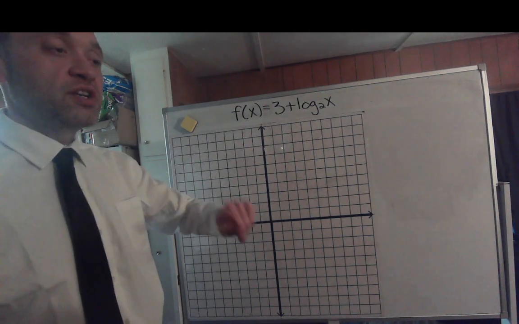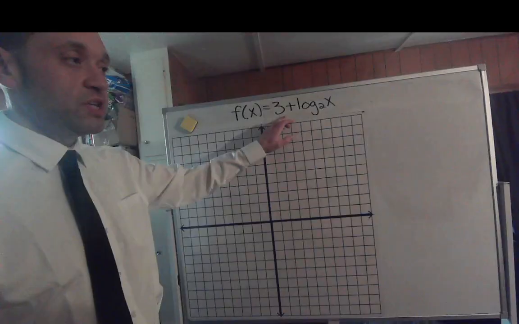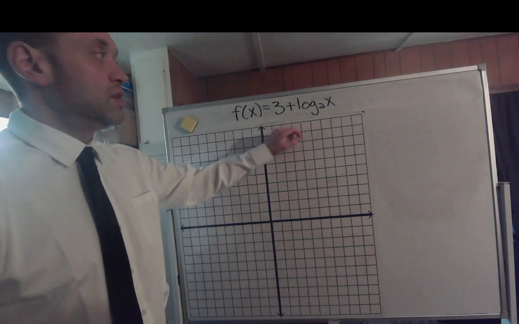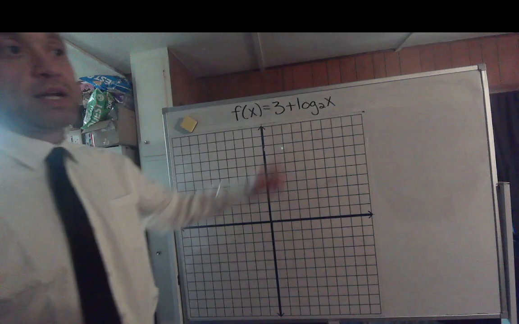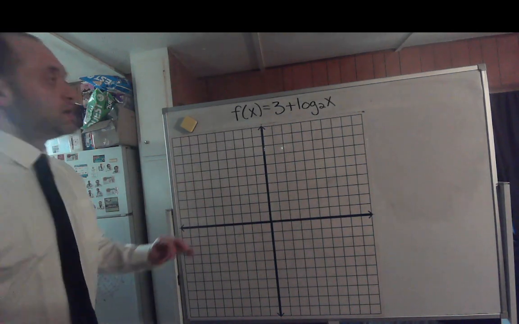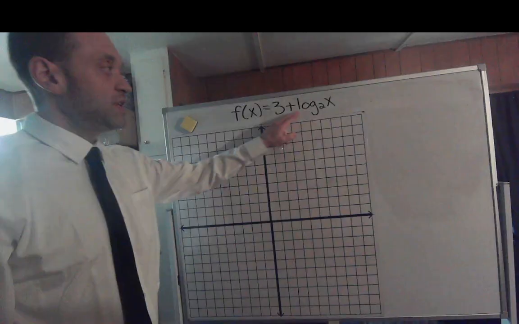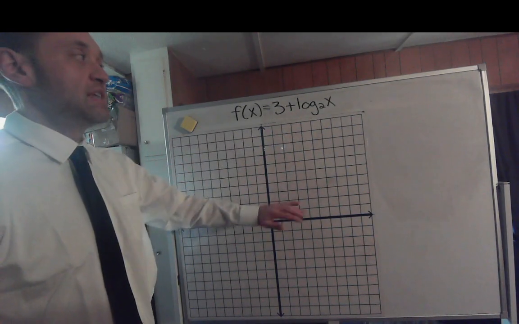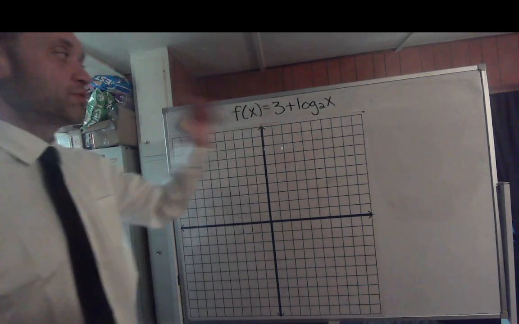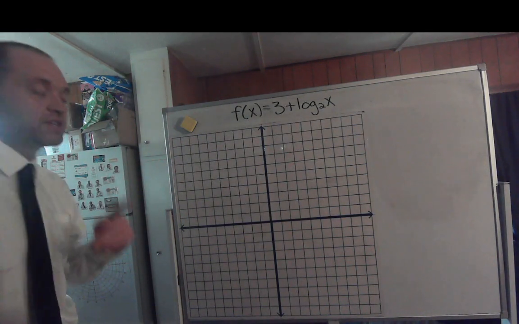So if you want to denote a vertical shift, you probably should write the log after that plus or minus. So f of x equals 3 plus log base 2 of x means I'm doing a vertical shift upward 3 units. So let's graph this.